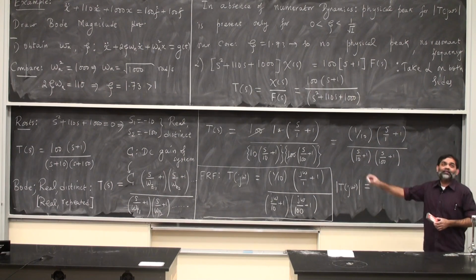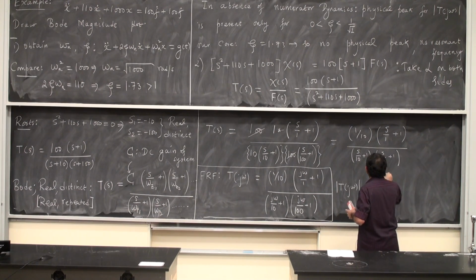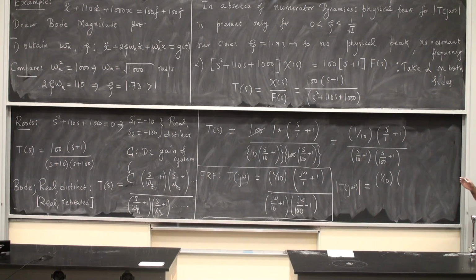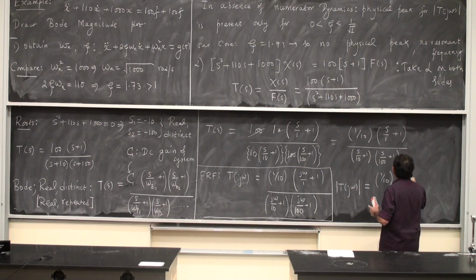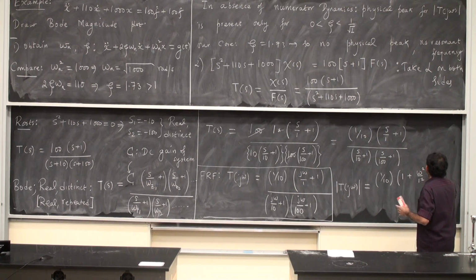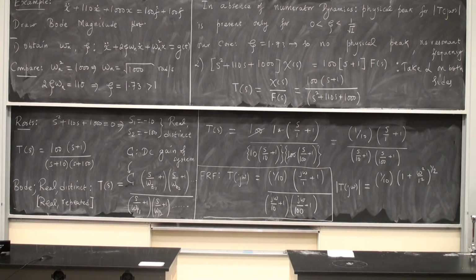Numerator 1 by 10, leave it as it is. Then magnitude of the first term is the square root of the sum of the squares of the real and the imaginary part. So that's 1 square, omega square by 1 square, square root, right?